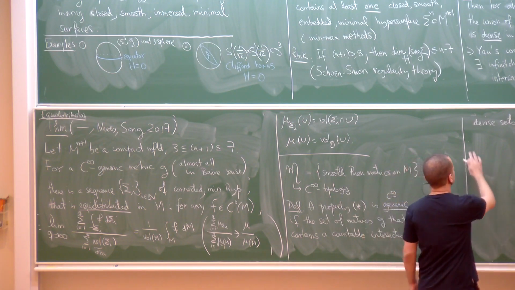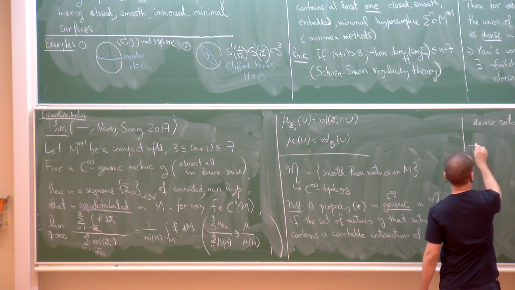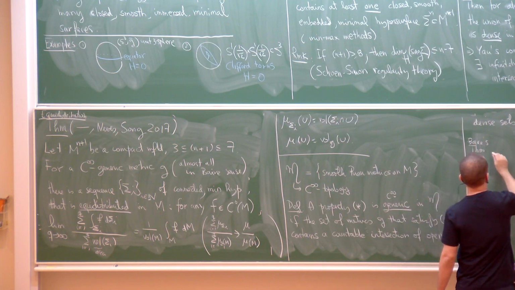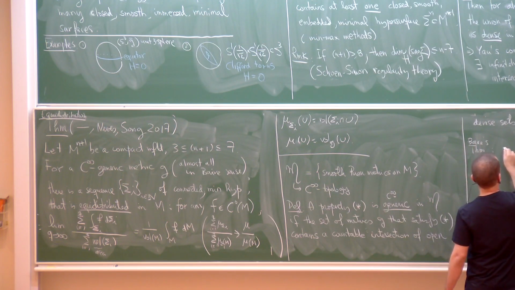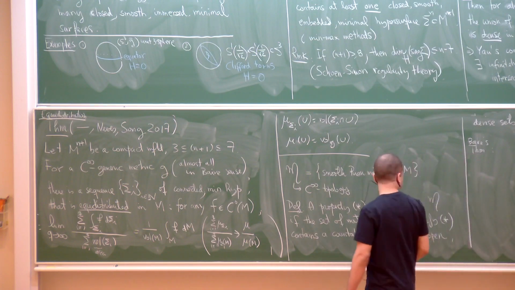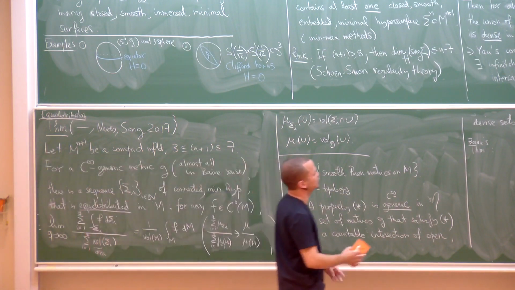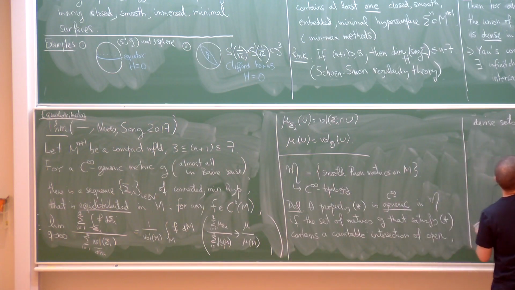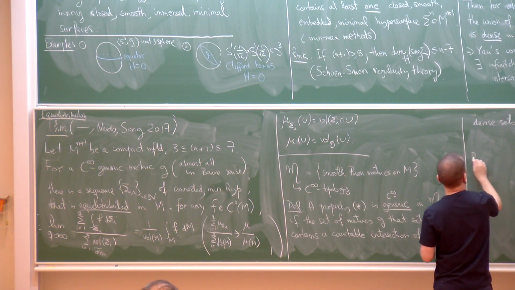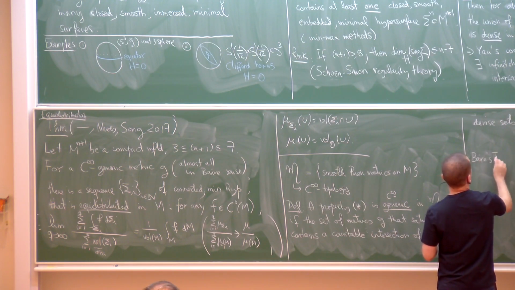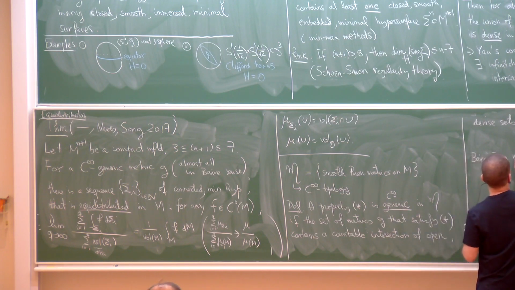And Baire's theorem says that generic, which is sometimes also called a residual set, actually implies dense.